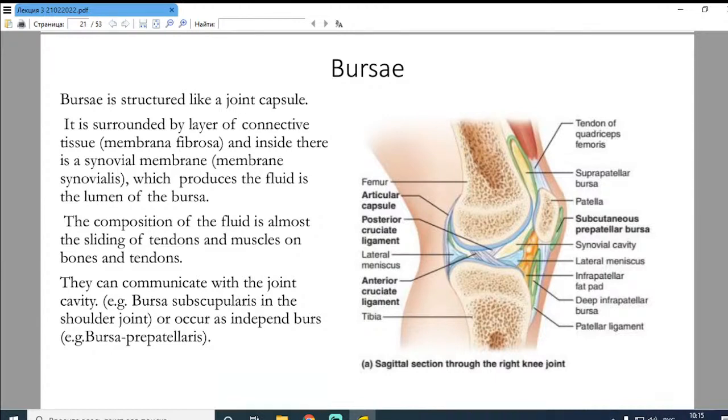And you see a sagittal section through the right knee joint. And this you see articular capsule. You see lateral meniscus. You see patellar ligament and other. This is bursa, that green color.